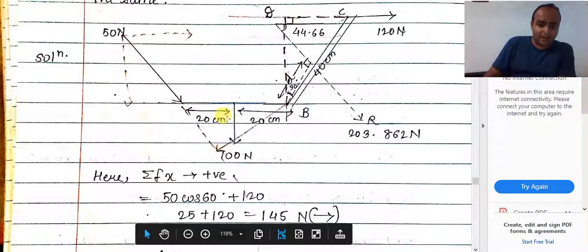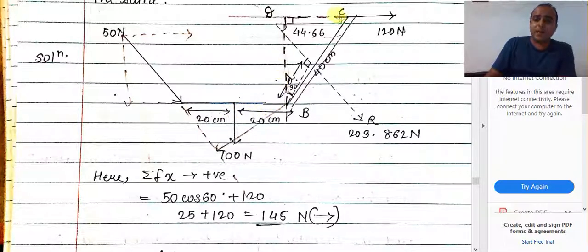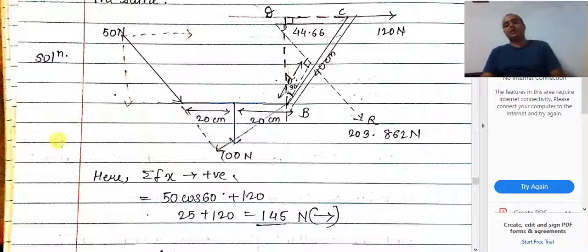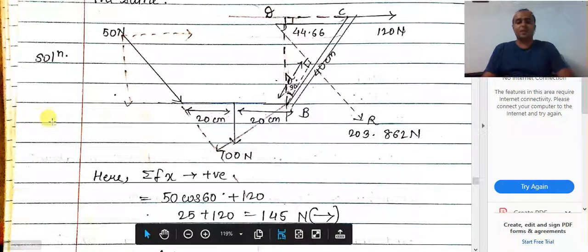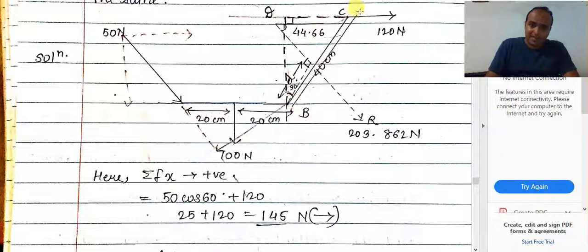Same with this 100 Newton force, it's a vertical force, and the perpendicular distance is the horizontal distance, that is 20 centimeter. Same with this 120 Newton force, but the distance is not given to us, that is why we are supposed to find it. And how are we supposed to find it? This distance BC of the inclined bar is given as 40 centimeter.